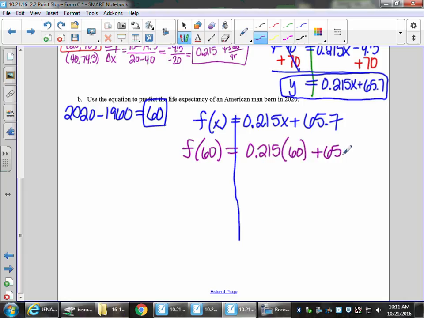This is purely calculator work right now. Just plug it in and let me know what you get. I'm looking for 0.215 times 60 plus 65.7. I have one person with 78.6. Do you guys agree? What's the label on that?